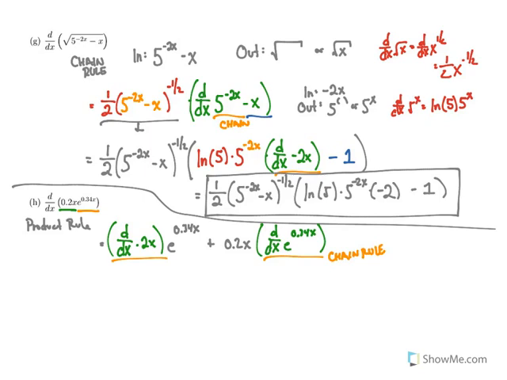We have the inside function is 0.34x, and the outside function is e to the something, or e to the x.